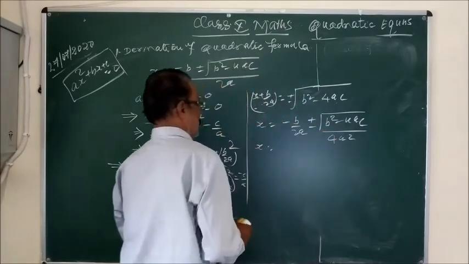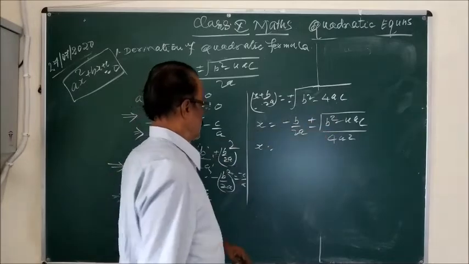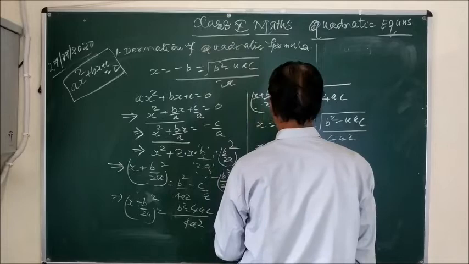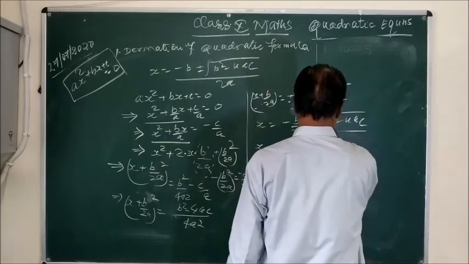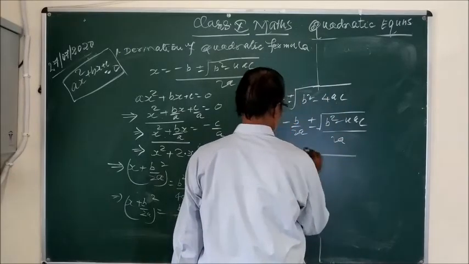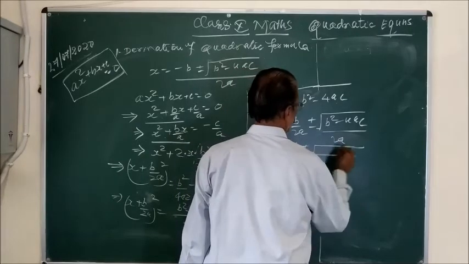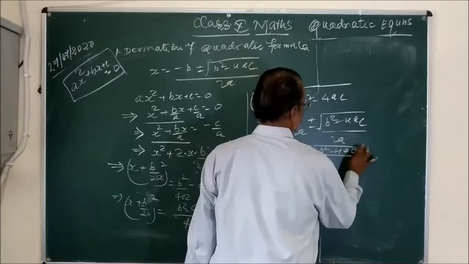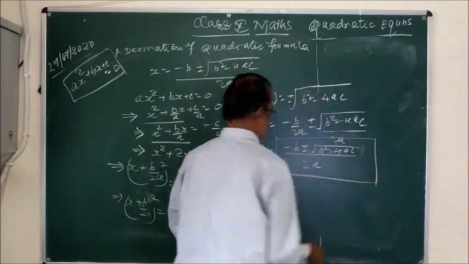Now you see, minus b by 2a plus minus root b square minus 4ac upon 2a. Now you find the LCM 2a and you will get minus b plus minus root b square minus 4ac upon 2a. This is the derivation of the quadratic formula.